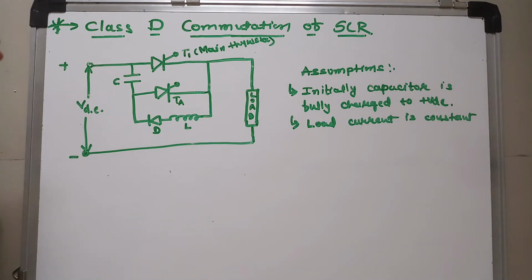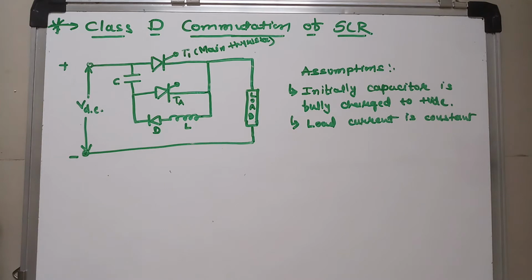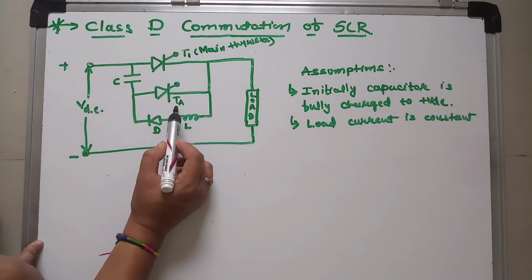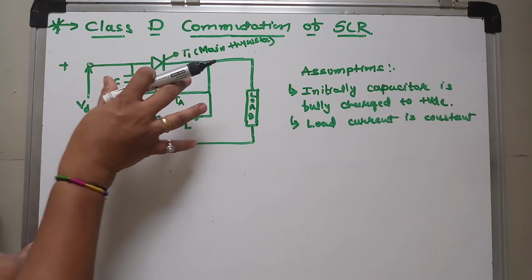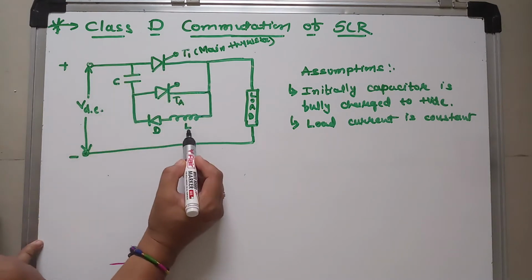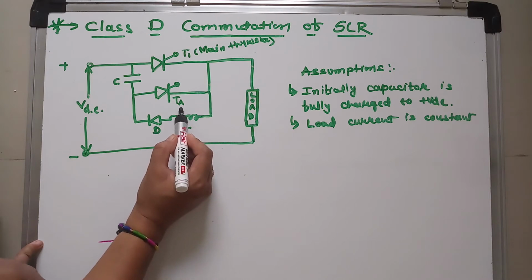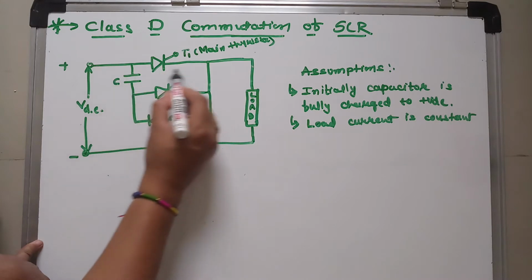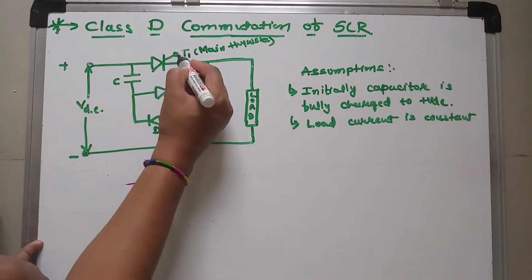Here T1, the main thyristor, is the working thyristor which is required to be turned off. TA, D, L and C, that is the auxiliary thyristor, the diode, the inductor and the capacitor, form the commutating circuit which turns off our main thyristor.